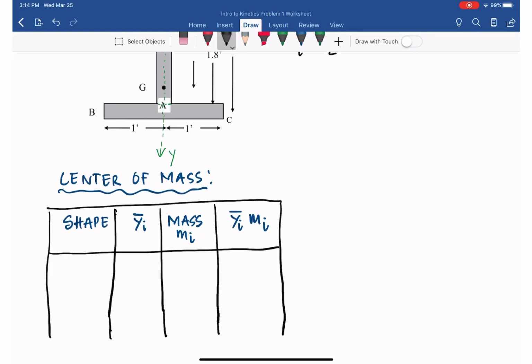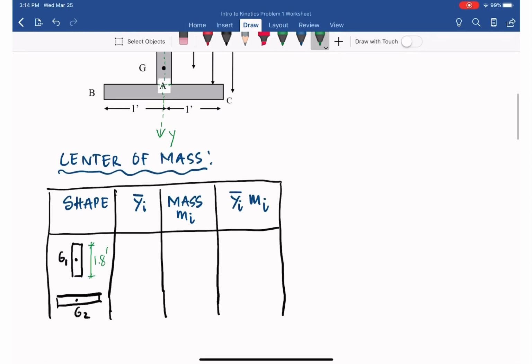We have the one vertical, let's call that G1, and then the one horizontal, G2. The length of the first one is 1.8 feet, as you can see there, and G2 is basically equal to 2 feet. So that's the table we have for the first one.